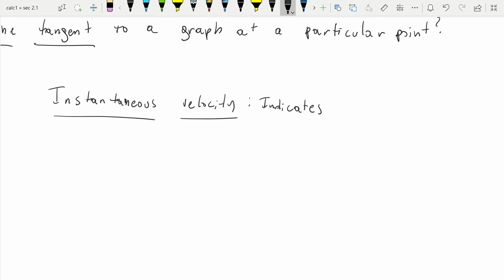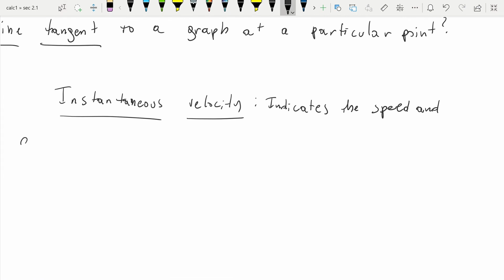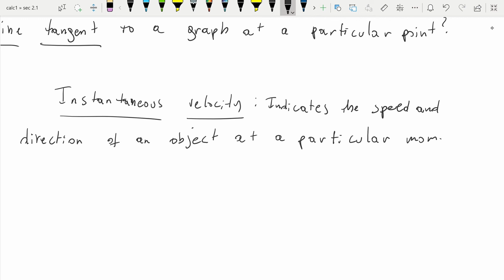We expect that it indicates the speed and direction of an object at a particular moment.